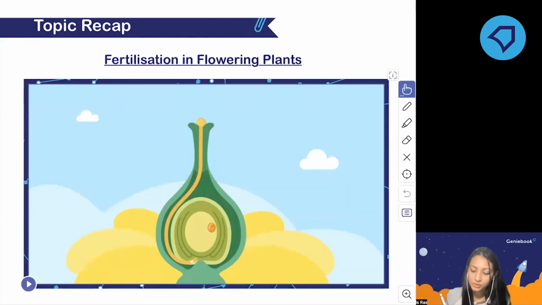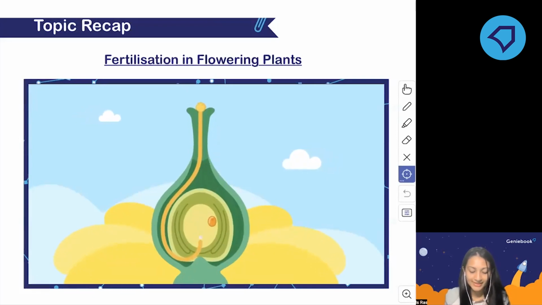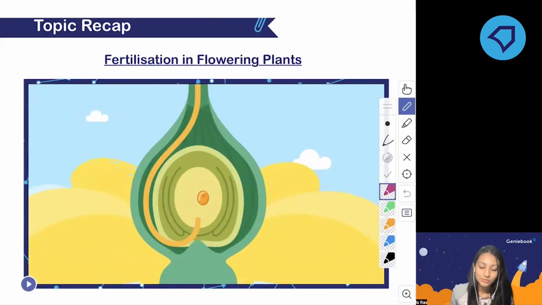Then you can see that the tube gets extended, reaching all the way to the opening here, which is the ovule. And then finally it will release the male reproductive cell, and the male reproductive cell will fuse with the female reproductive cell. So this part here, the fusion.